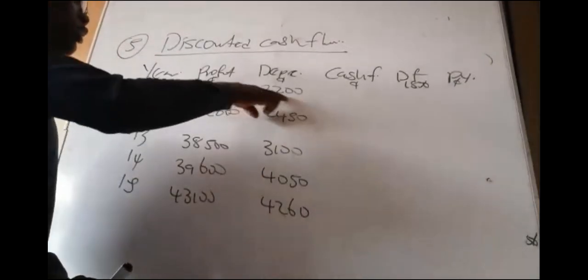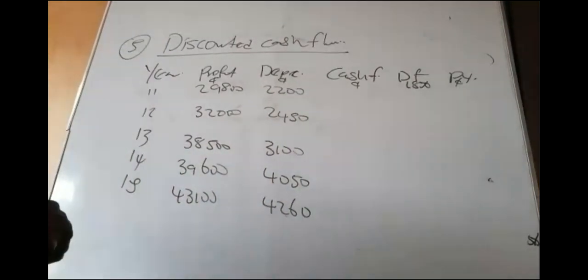We are adding back, we are reversing what they've done. So 3,200 plus 29,200 will give us 32,000.